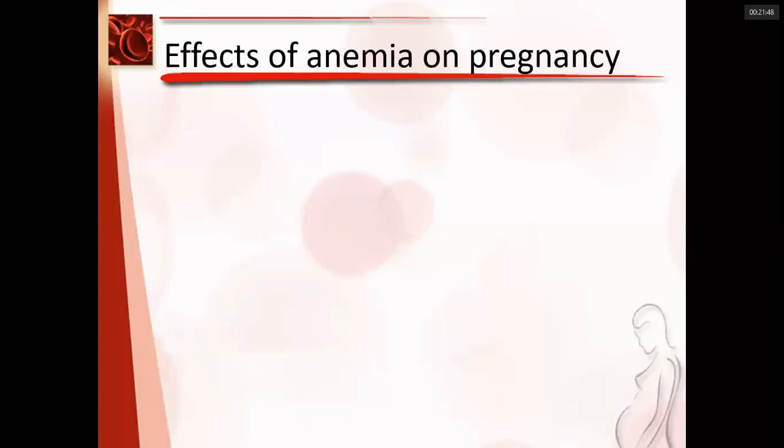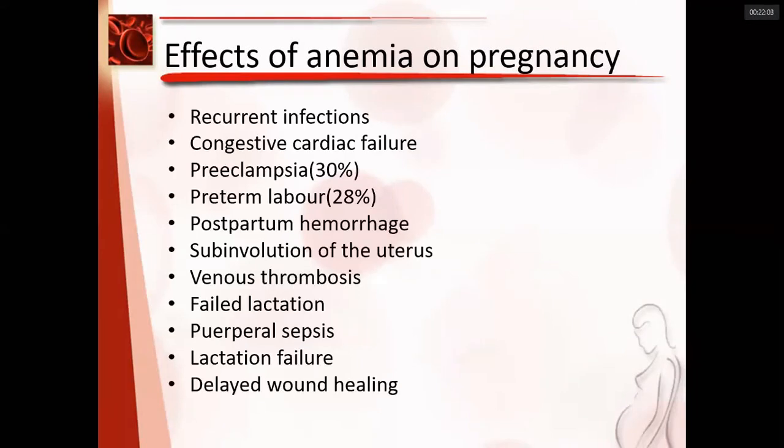So why do we need to know how it affects the pregnancy as a whole? The woman has been living with anemia for a long time, all her life till now. So what effect does it have on pregnancy that we are more concerned about? In the antepartum period, because of anemia, patients may be susceptible to more recurrent infections.